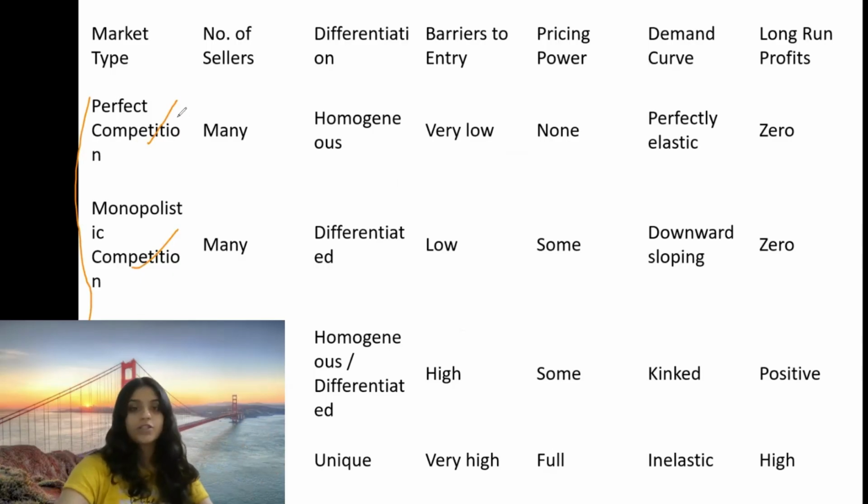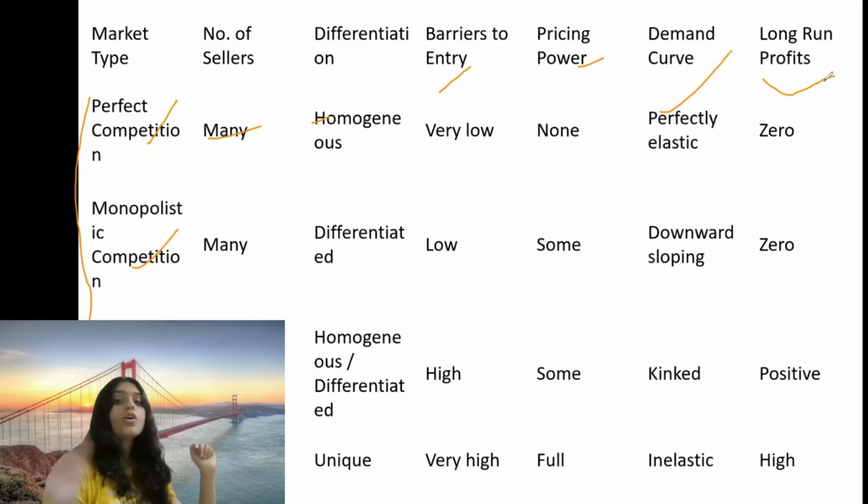Now in perfect competition, there are many sellers. The products are homogeneous, and barriers to entry are very low. I mean that anybody can come into that market and start selling their products. Pricing power is very low. The demand curve here is perfectly elastic and long run profits are zero.